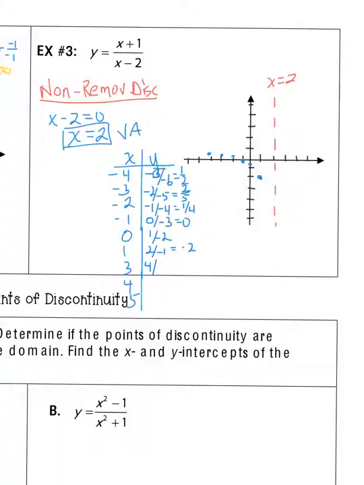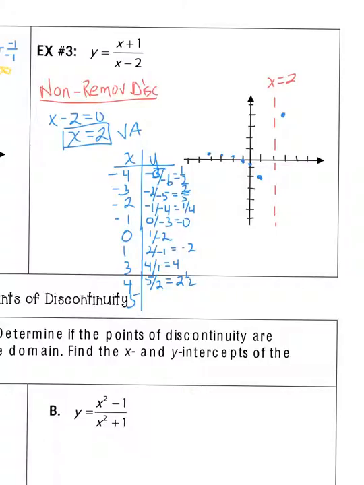And then 3 minus 2 is 1. So that equals 4. And then 4 plus 1 is 5 over 4 minus 2 is 2. So that equals 2 and 1/2.